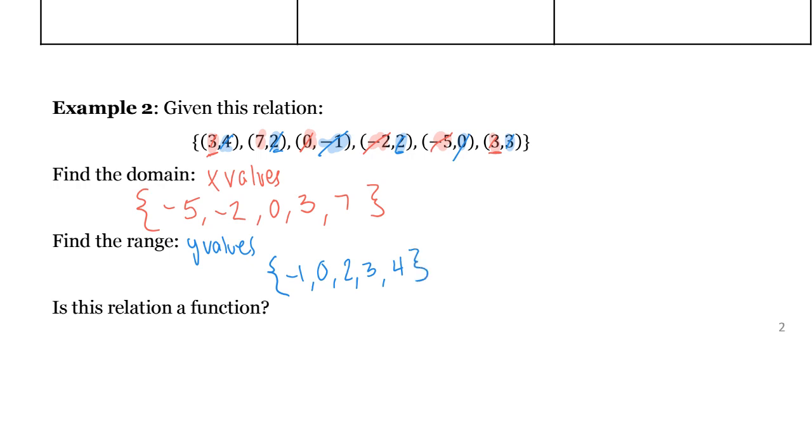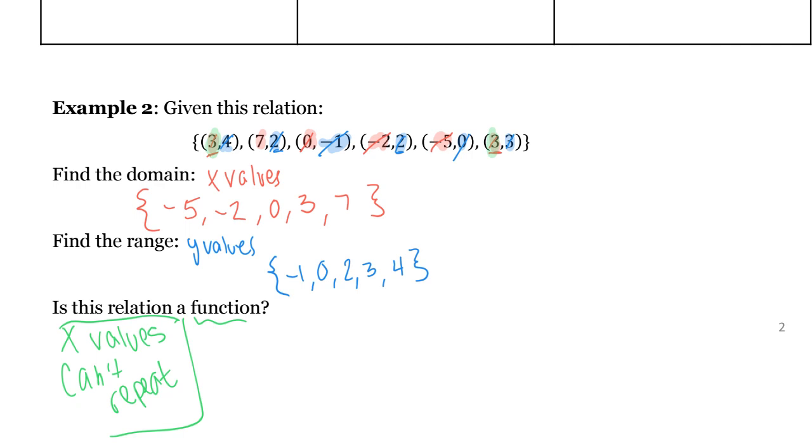Okay, so we have our x and our y values, right? But we need to figure out if this relation is a function, right? And remember, if it is a function, your x values can't repeat. Did we have any repeating x values? Hopefully you're shaking your head. Yes. 3, right? 3 appeared twice.